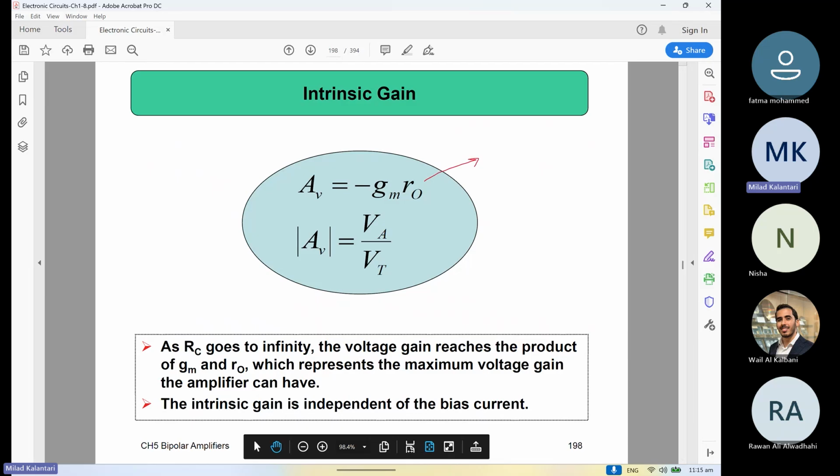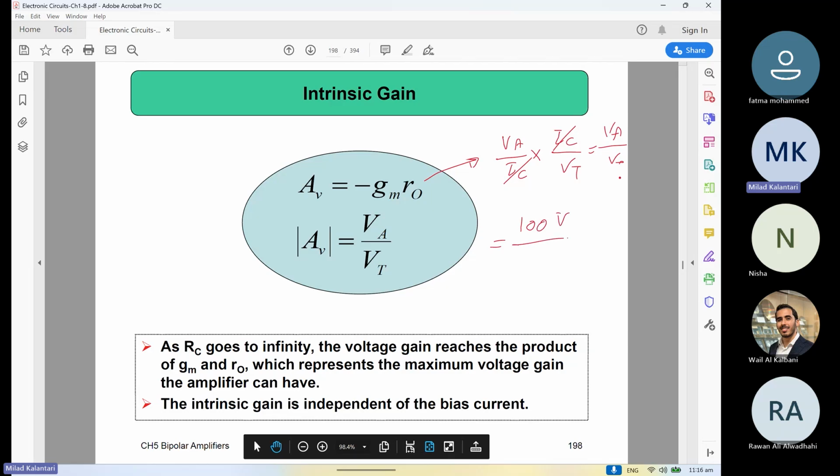And then again, you can go back and see that this RO is basically the V early divided by the IC. The GM is what? The GM value is IC over VT, correct? Then this absolute intrinsic gain is basically the V early over VT, right? The V early value for a BJT is in the range of 100 volts.